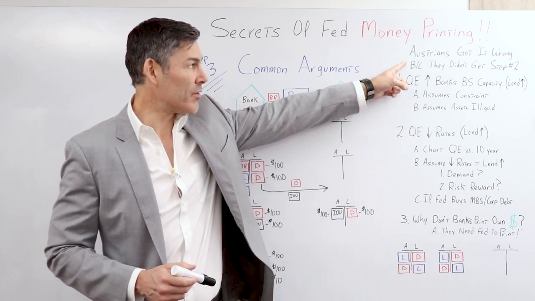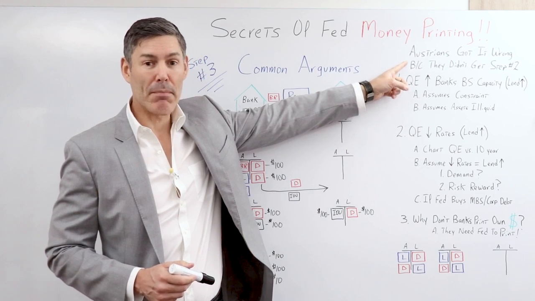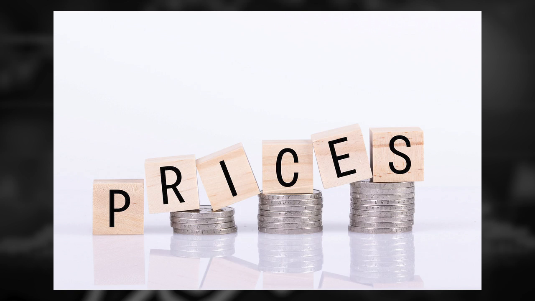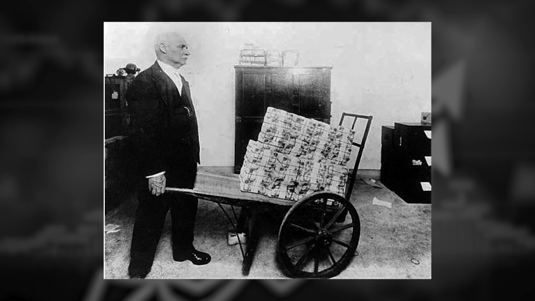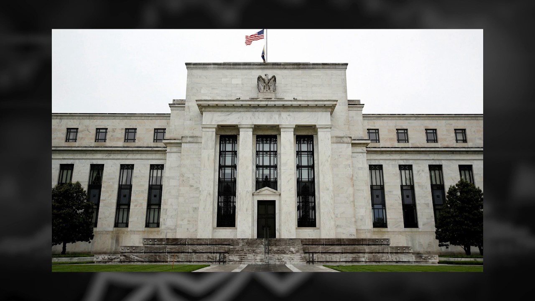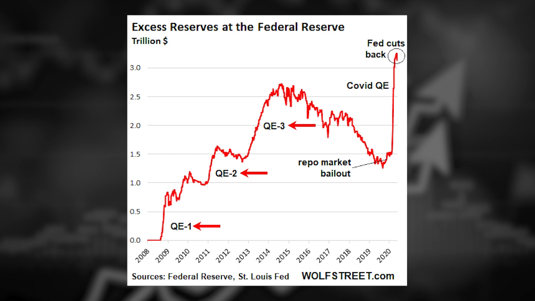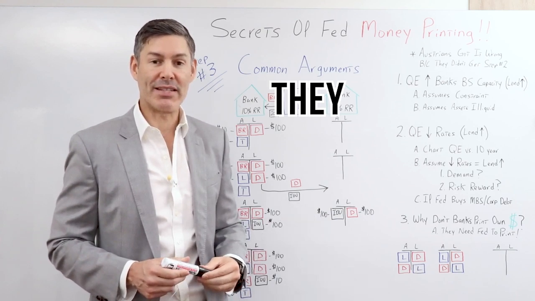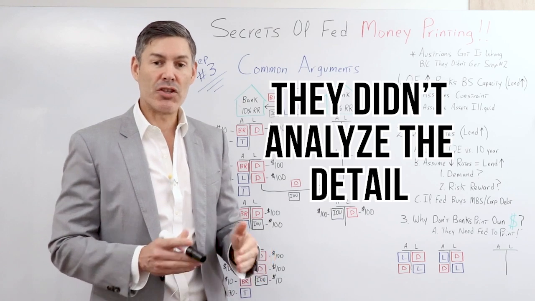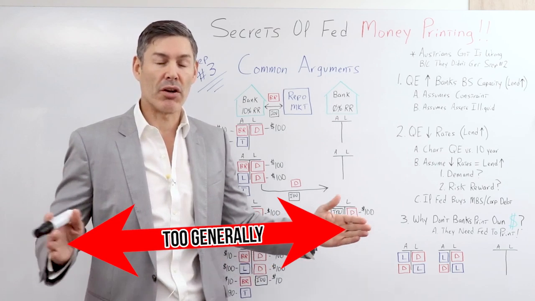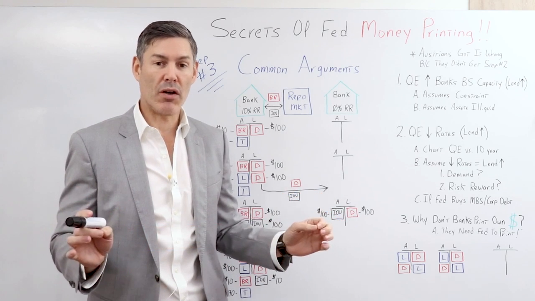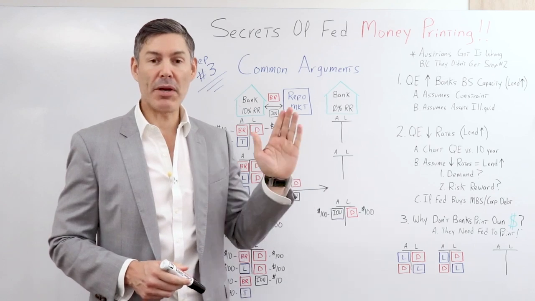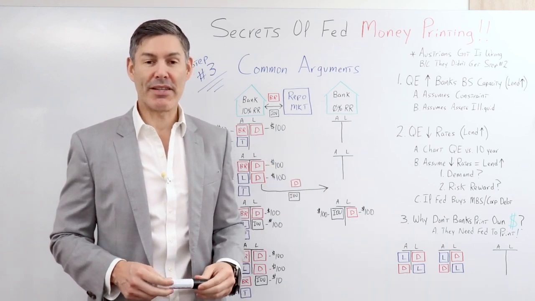And as a result, a lot of them made big errors in what they thought the probability that we would see consumer price inflation, if not hyperinflation, because the Fed was doing quantitative easing 1, 2, and 3. The Austrians, or a lot of them, got it wrong because they didn't analyze the detail. They just looked at things too generally, and they were so general about the way they looked at money printing, it was actually inaccurate. And I'll be the first person to admit that I've done the exact same thing.